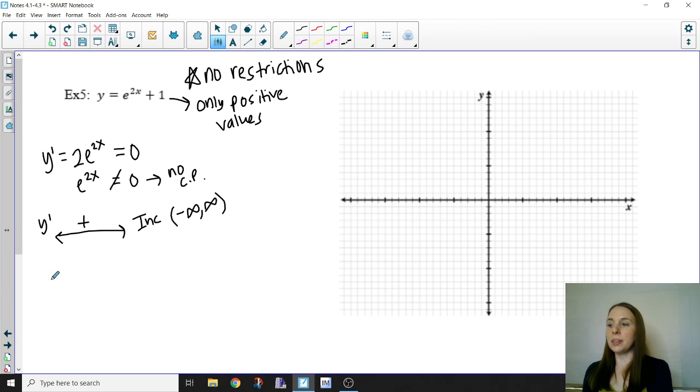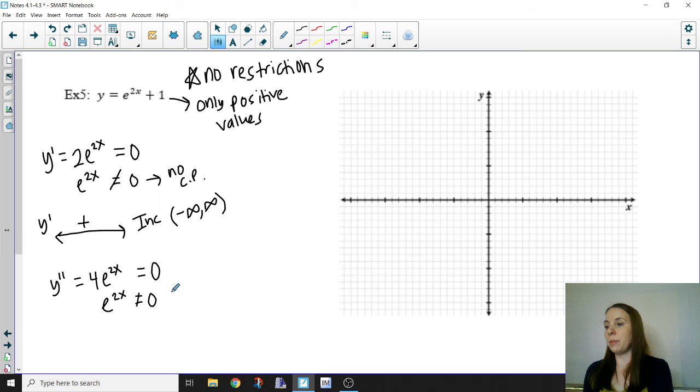Now let's go through that process with our second derivative. It's going to look really similar, right? The second derivative is 2 times e to the 2x times 2, or 4e to the 2x. We could try to find possible points of inflection by setting it equal to 0, but we're going to end up with the same thing.